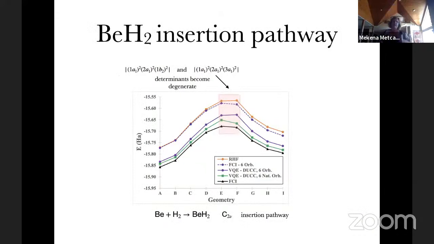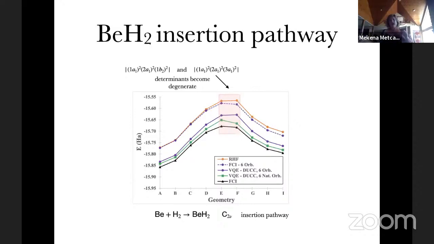The last one, Nick showed this reaction pathway. We're going to look at beryllium dihydride and the reaction pathway, where on the left is the chain. That represents the symmetry group 1A1, 2A1, 3A1.